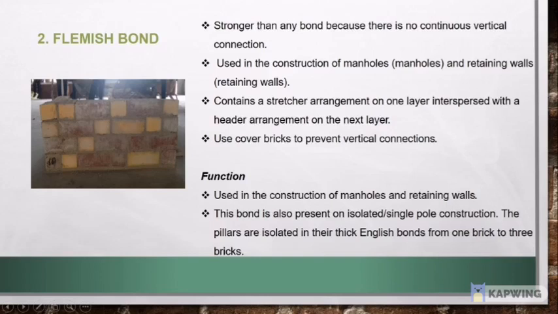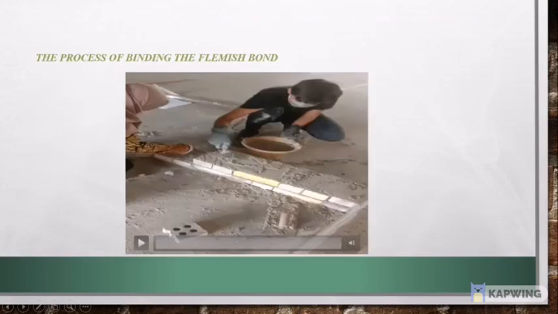For the function, it is used in the construction of manholes and retaining walls. This bond is also present in isolated or single pole construction. The pillars are isolated in their thick English bond from 1 brick to 3 bricks. This is the process of binding the Flemish bond video.